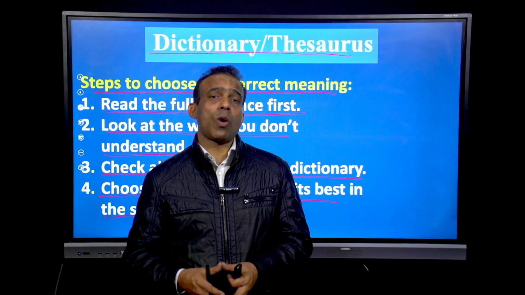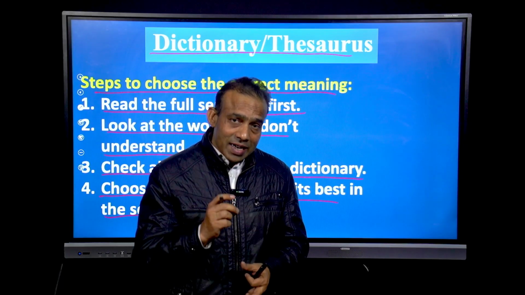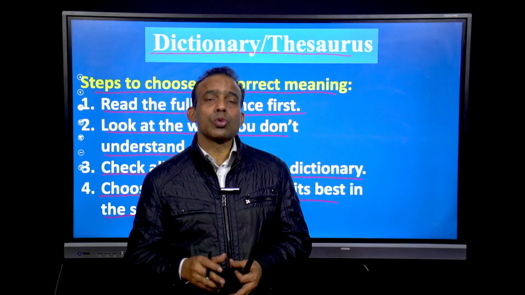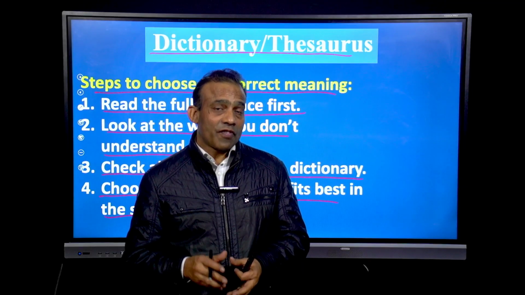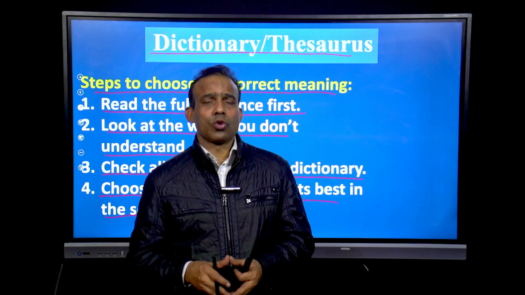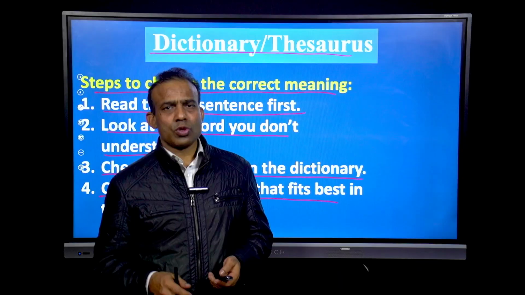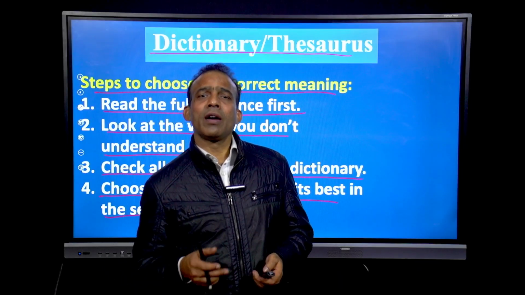After looking at all the meanings, come back to your sentence and identify the meaning which suits, which fits, which is best for your sentence. So these are the 4 steps or processes you can use to find the exact meaning of an unknown word.